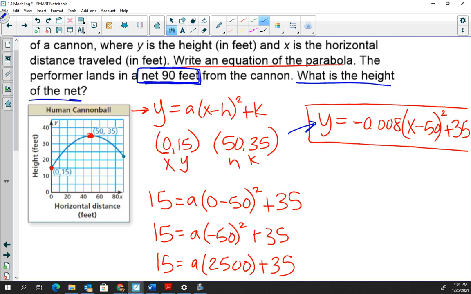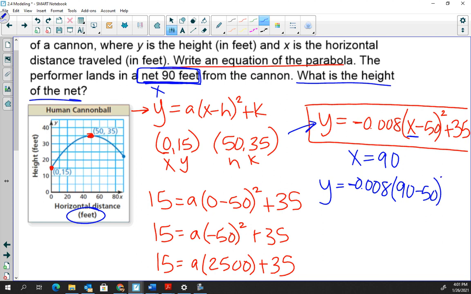Feet is on the x-axis, right? How far away the net is, that's on the x-axis. So I'm going to take 90 and plug it in for x, okay? We'll say that x equals 90. It'll look like this. Y equals negative 0.008 times 90 minus 50 squared plus 35.